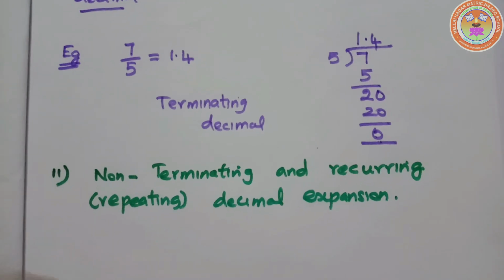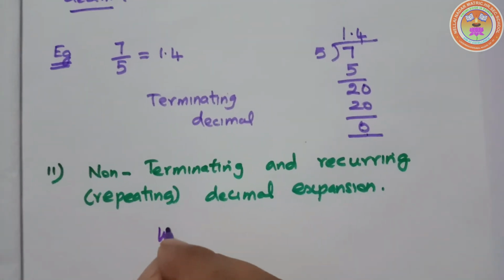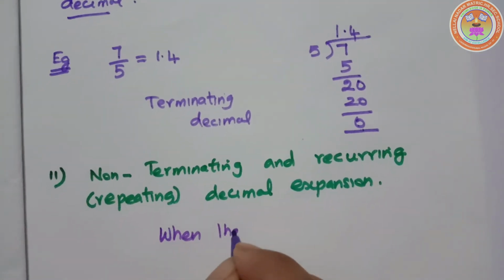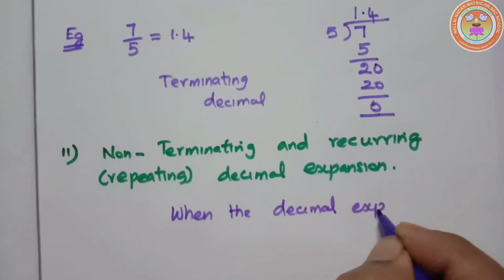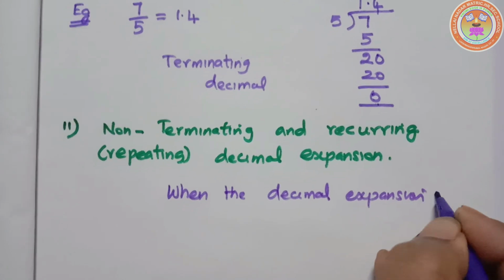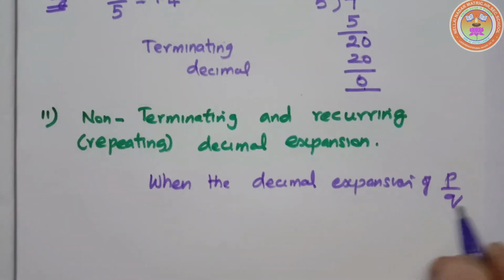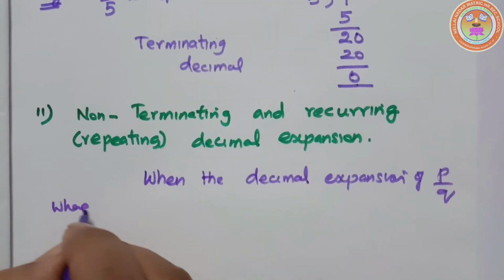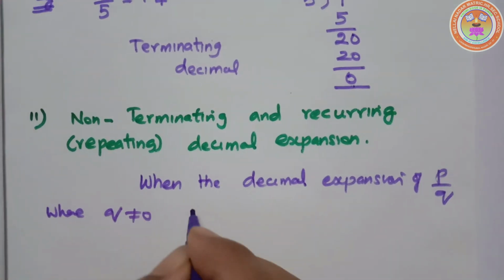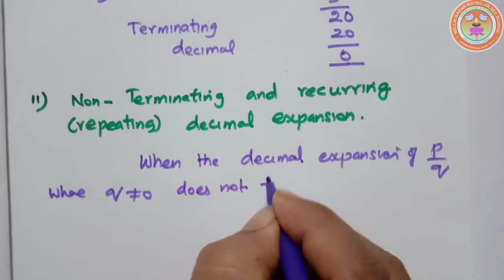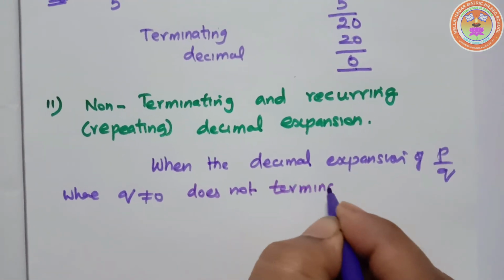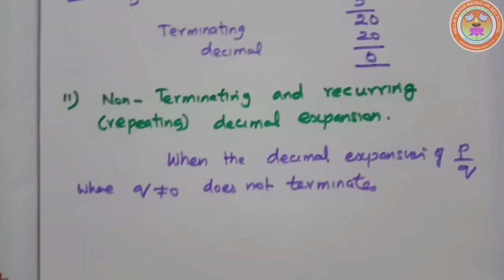When the decimal expansion of p by q, where q is not equal to 0, does not terminate, that is, does not come to an end.